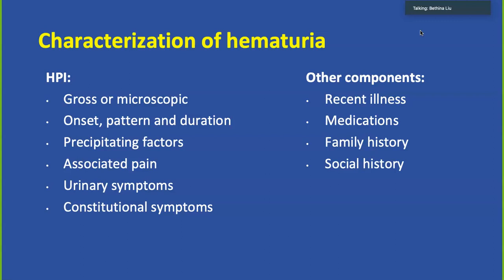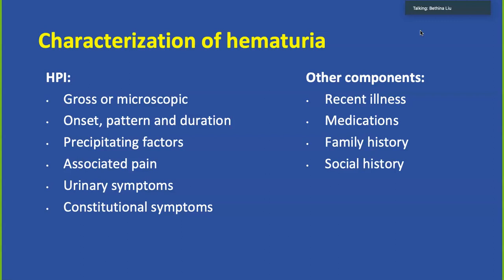And if there are precipitating factors for hematuria, such as a recent infection, new medications, a recent history of trauma. We would also want to know whether there is pain associated with the hematuria, as well as any urinary complaints, such as changes in frequency, dysuria, burning on urination, etc. Finally, we would want to know if the hematuria is associated with any constitutional symptoms, such as fevers and chills.